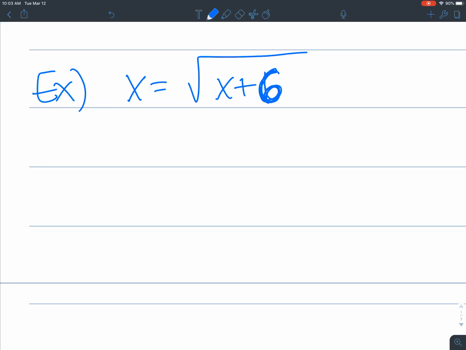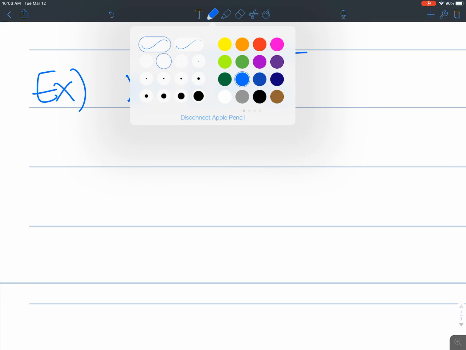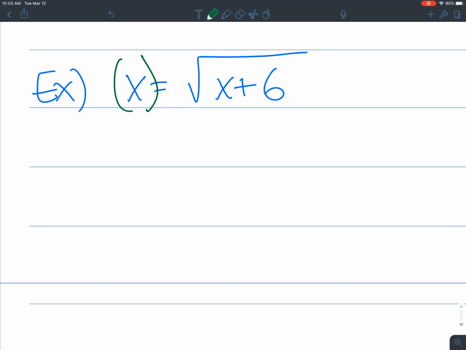Okay, so for this problem, we have the square root of x equals the square root of x plus 6. So we want to square both sides because we have a radical over here and it's already isolated. So we have x squared equals x plus 6. Now I have a quadratic with the quadratic, linear, and constant terms.